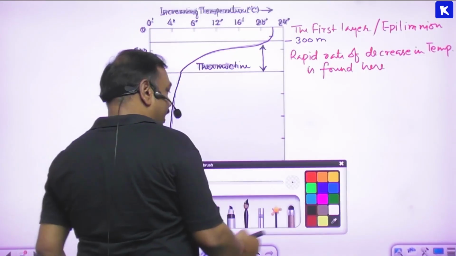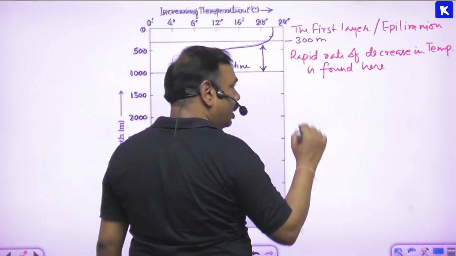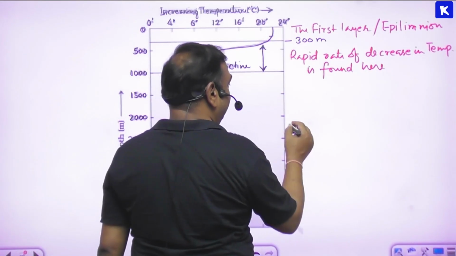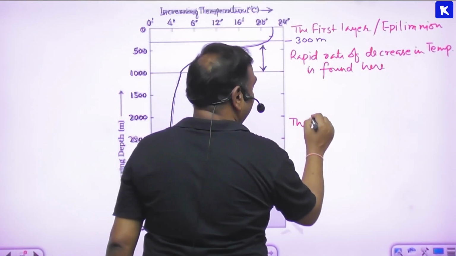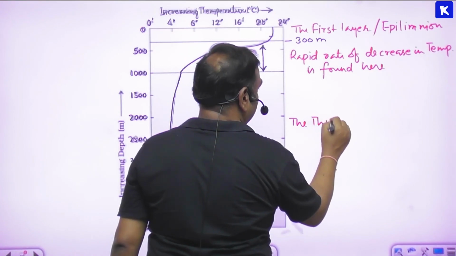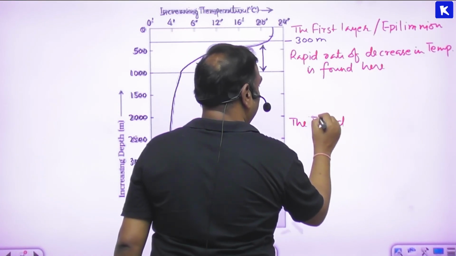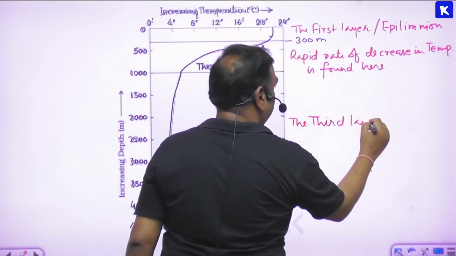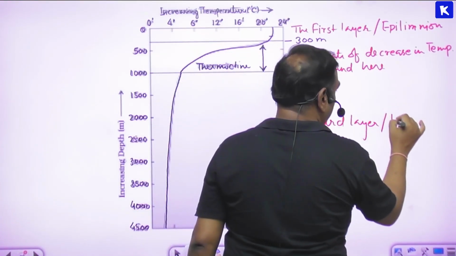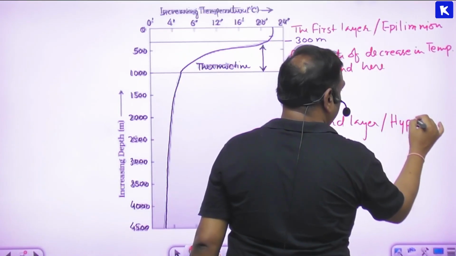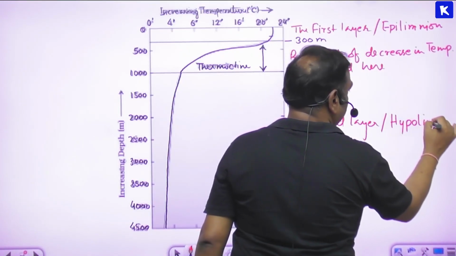Oceanographers normally use a different term, but here in your NCERT book, this third layer is defined with the name of third layer only. It is written there in your NCERT book. But oceanographers used the term hypolimnion.